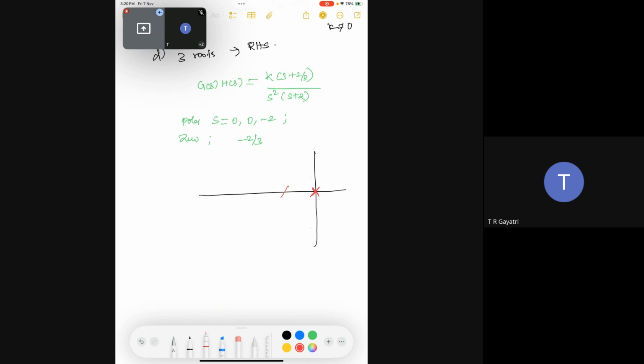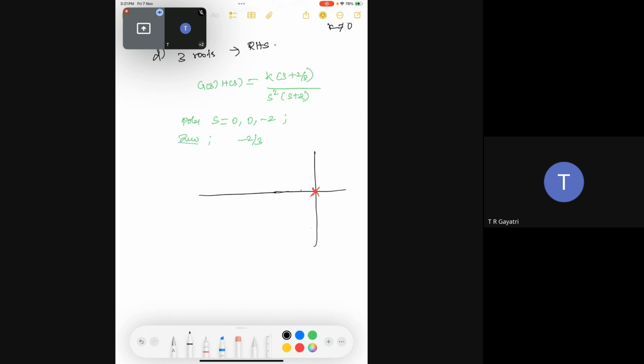So there is -2. If this is -2/3, -2/3 will come before that -2. -2/3 means it will be like 0.67.